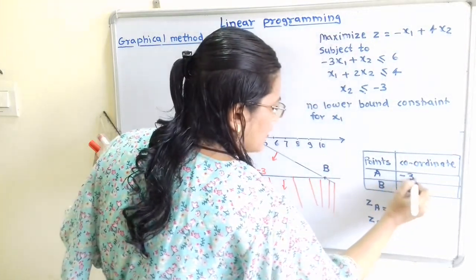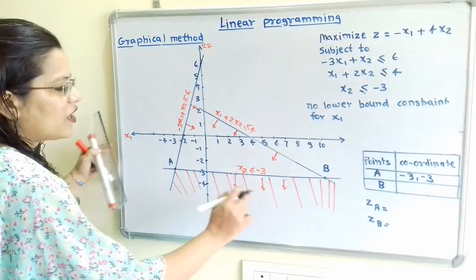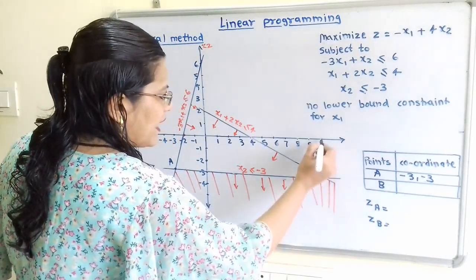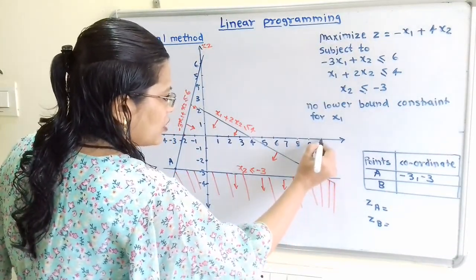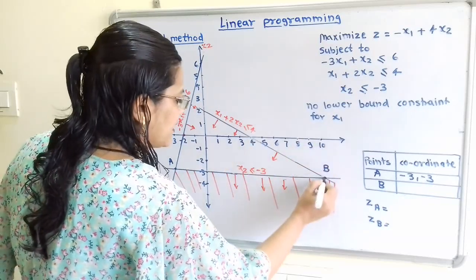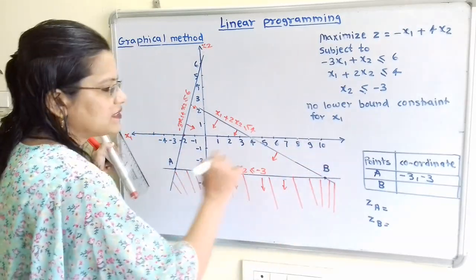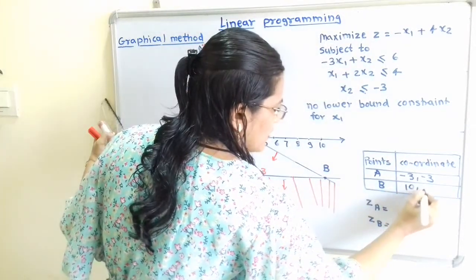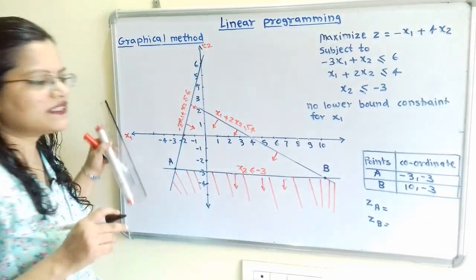So I will write -3, -3. For point B, on the x-axis it is 10 and on the y-axis it is -3. So 10, -3. These are the coordinates.